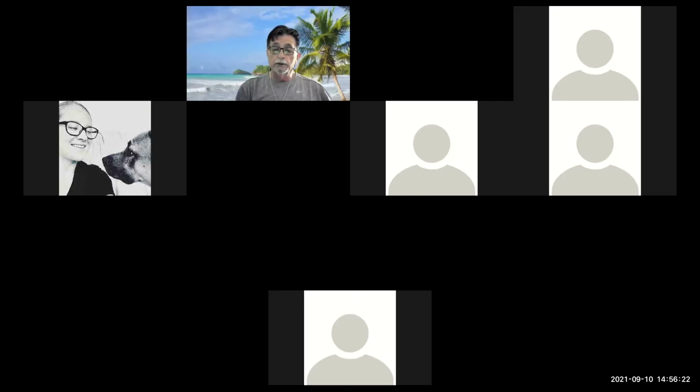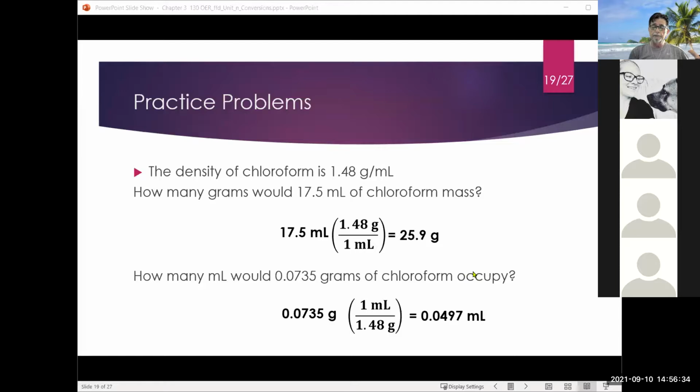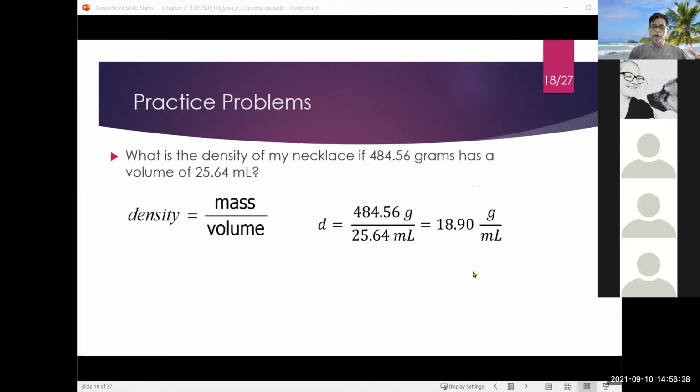It was the one that was 484.56 grams over the... I don't know if you can find it. This one right here, I think it was. Yeah, that one. Because in the answer you put grams over milliliters, so I was kind of wondering.